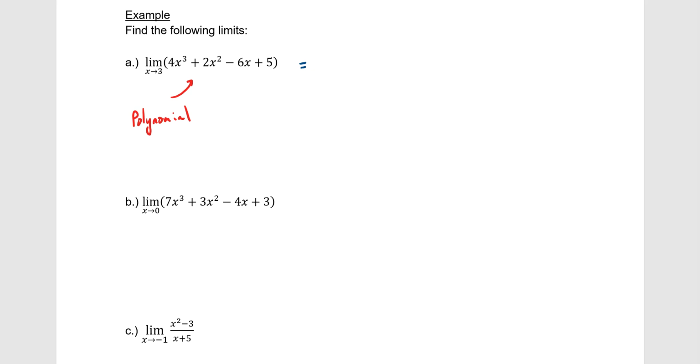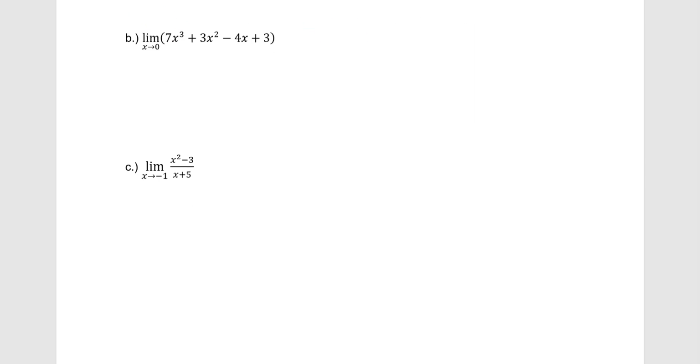We can use the direct substitution property. We can plug in the 3 into all of the x's and just evaluate. So 4 times 3 cubed plus 2 times 3 squared minus 6 times 3 plus 5. Make sure your order of operations is good, and you should get 113 here.